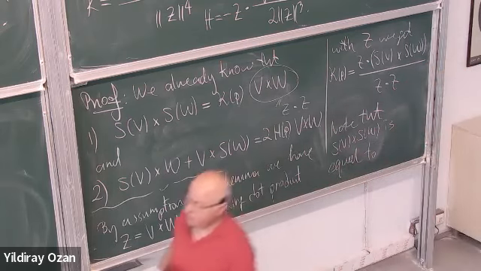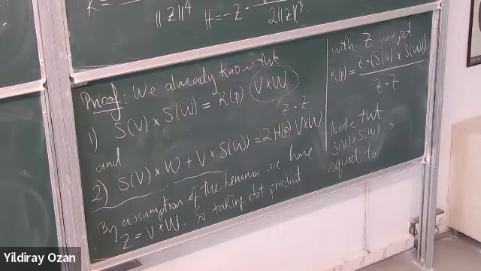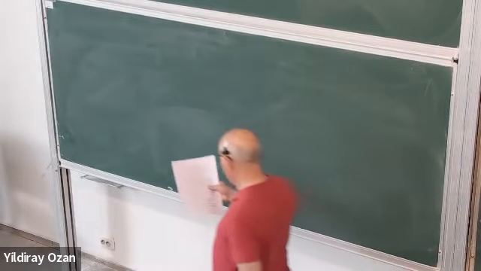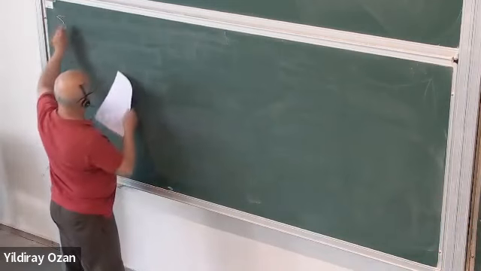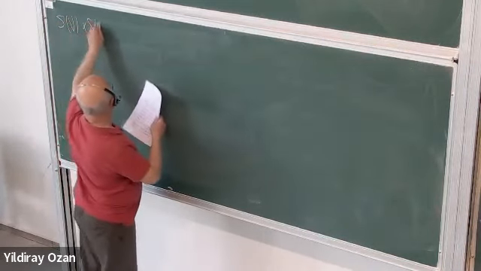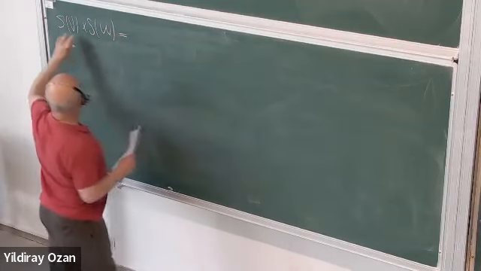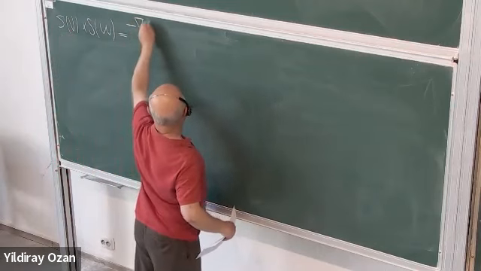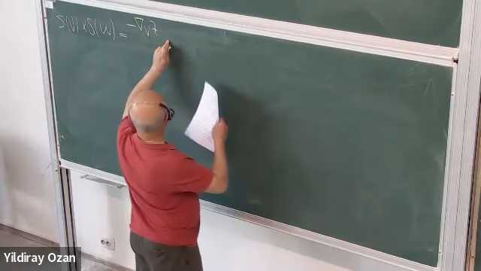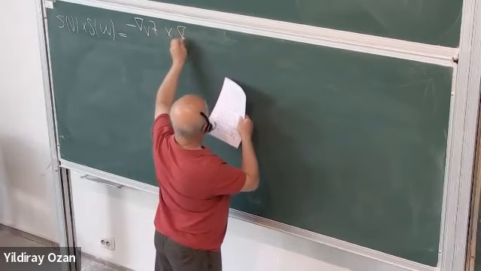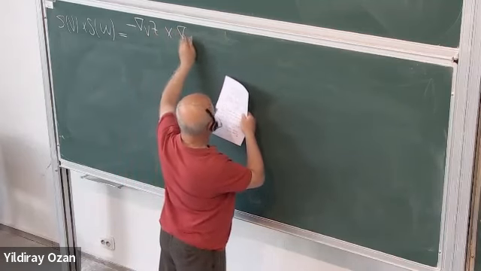All right, let me write that down. What's that equal? Okay, so that's equal to the following. So what is this? This is just minus the covariant derivative cross the covariant derivative of this.